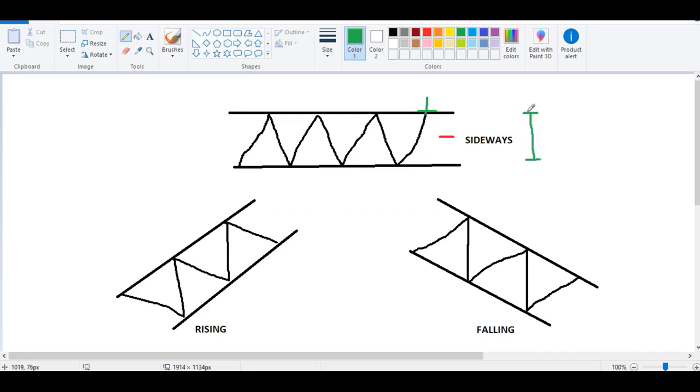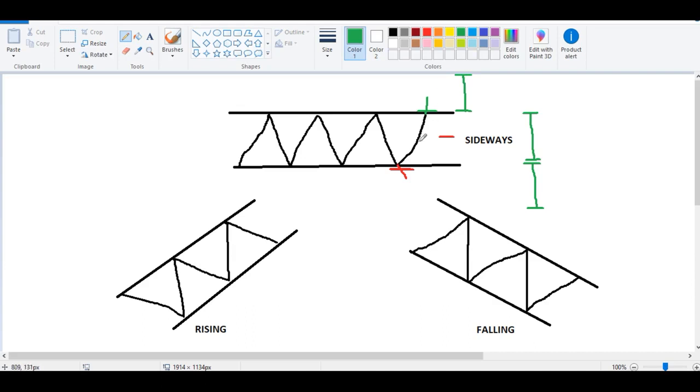We add that to the top and that becomes my target. Simultaneously, we can take a sell trade if the channel breaks towards the bottom. We will enter on the breakdown, stop loss will be the midpoint, and target will be the same thing, the distance of the channel. So this is the first way we can trade a sideways channel, which is a breakout.